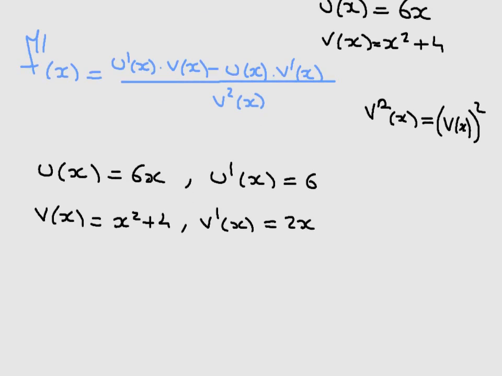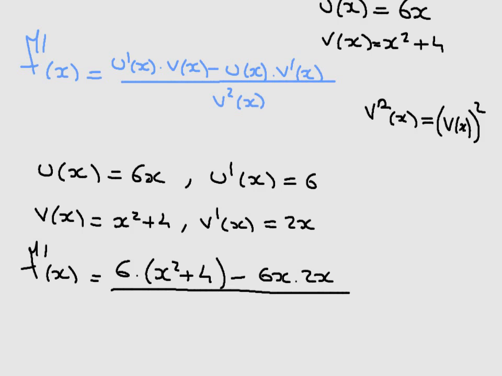In other words, our function, which we wrote earlier on, f dash of x, remember, is u dash of x v of x minus u of x v dash of x, and all of that expressed over v of x squared. So replacing u dash by what we just found here, that would be 6 times x squared plus 4 minus 6x times 2x.